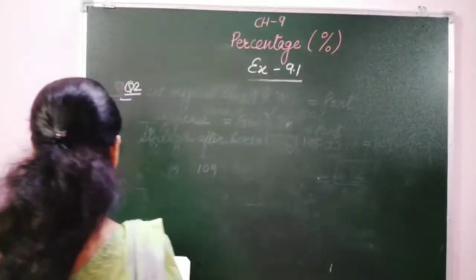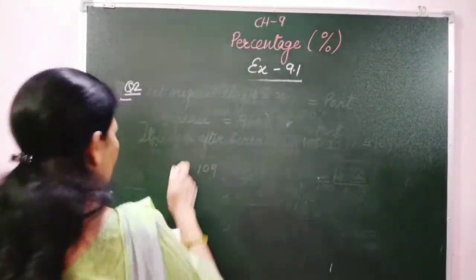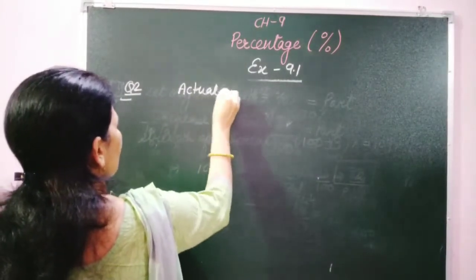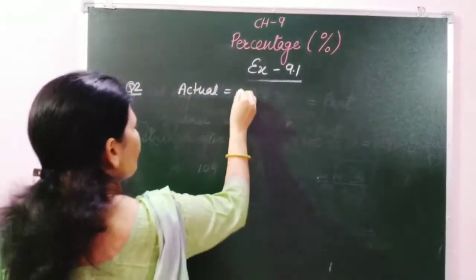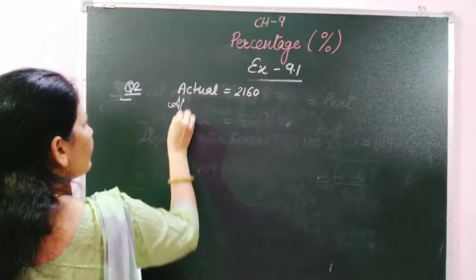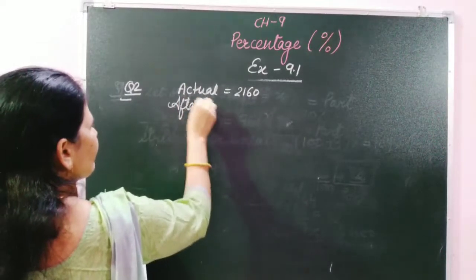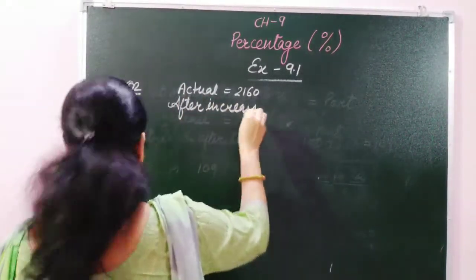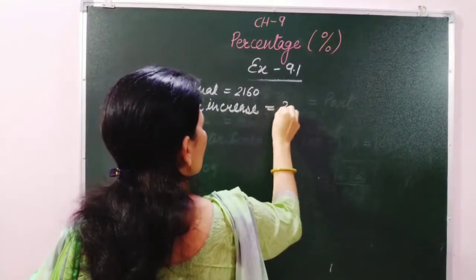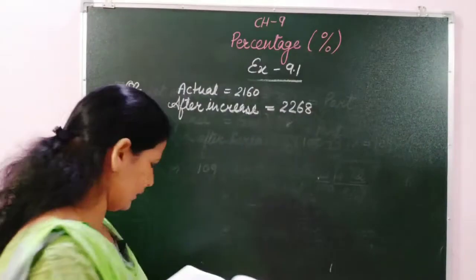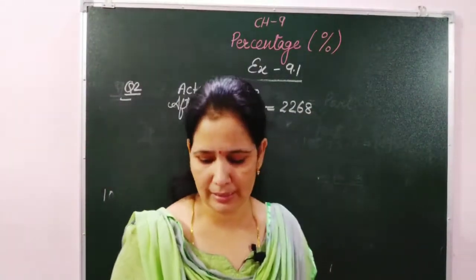In this question we will write first, actual is 2160. After increase, that is 2268. And what we have to find out? We have to find out the percentage.